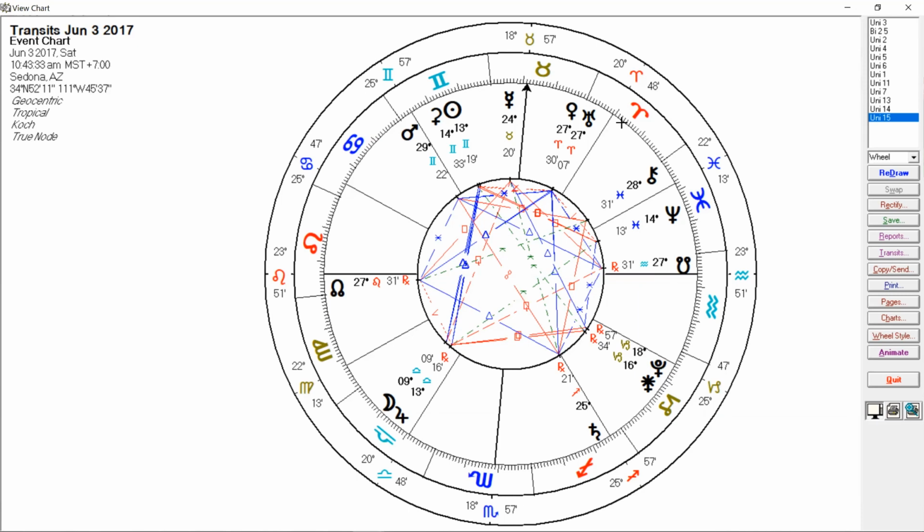Because from that point on, when the conjunction occurs, it's like the bell is ringing. This is the important moment of activation.